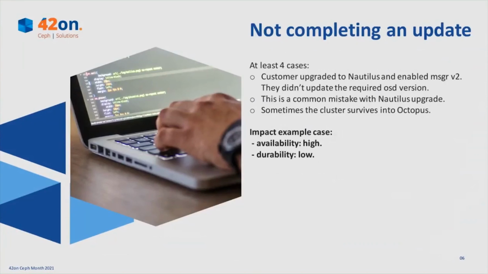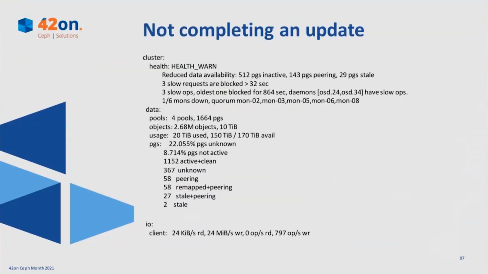And especially with the upgrades to Nautilus and the Messenger version 2, yes, we saw that there were some discrepancies and some parts of the upgrade were never executed, and miraculously the cluster will survive for some time, but then it will break, and it will break badly for people, and it's very hard to troubleshoot if you don't know what you're looking for. So what you're looking for is something that looks like this, continuously for a long time.